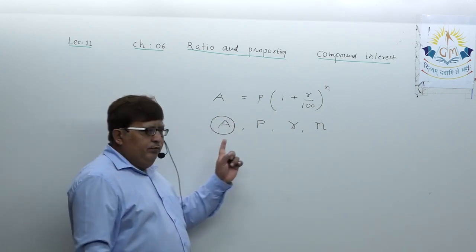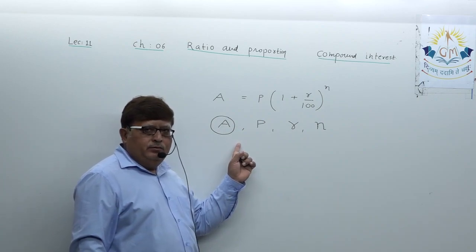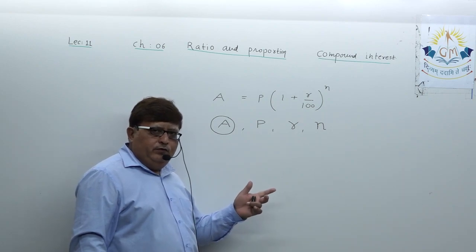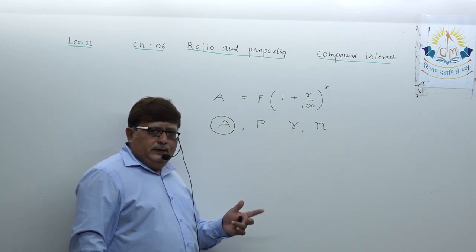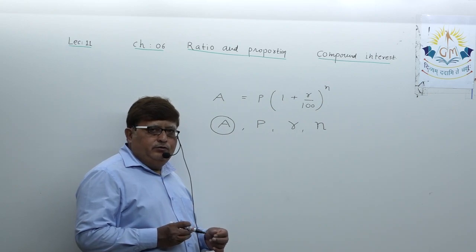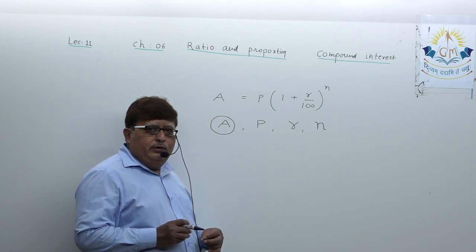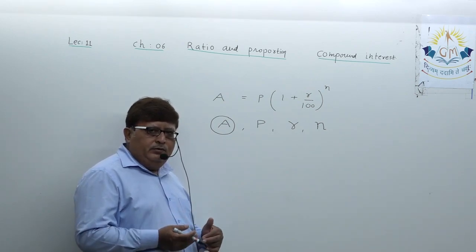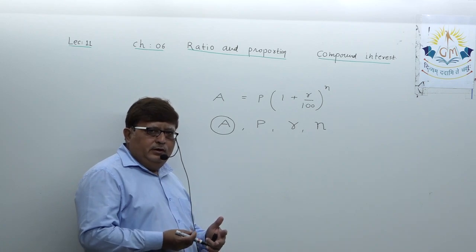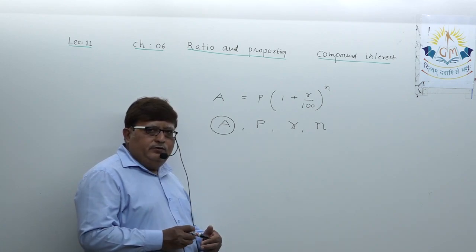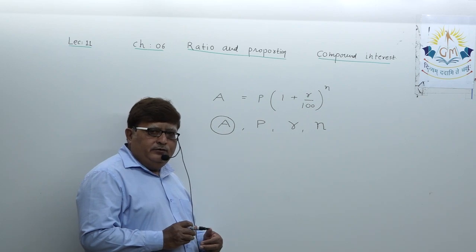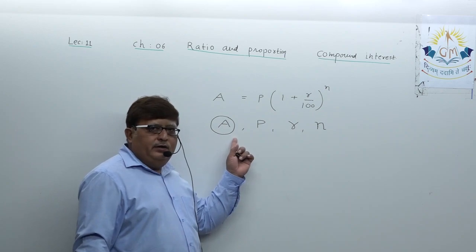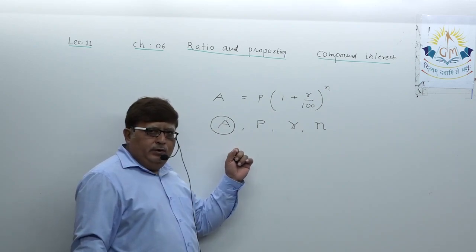In the previous three to four lectures the word we utilized was to find compound interest, but ultimately we were finding compound interest at the last by putting the formula CI equals A minus P. But initially, in the first stage, you were finding the compounded amount.